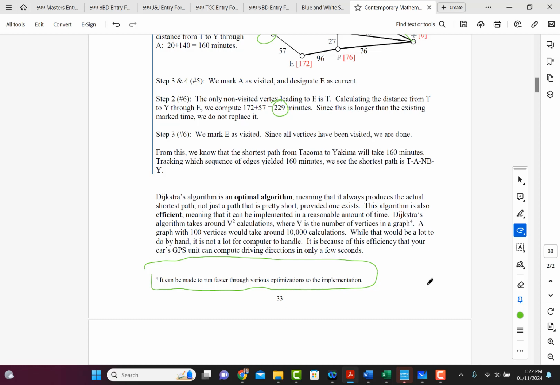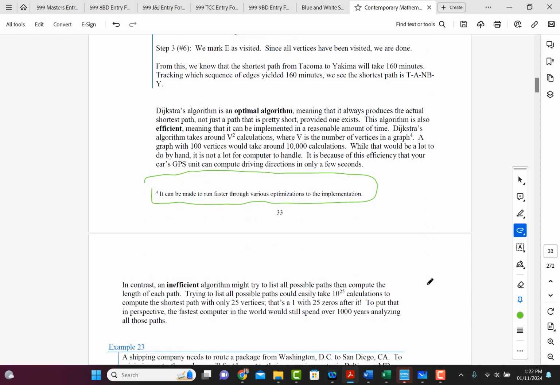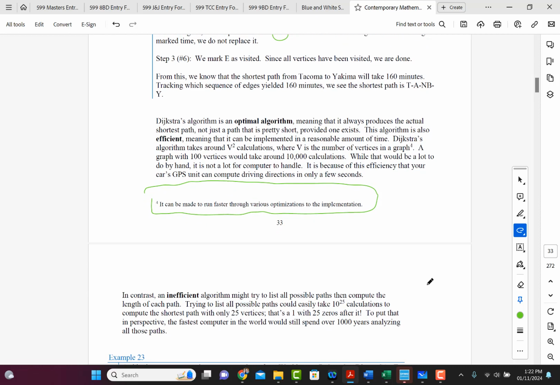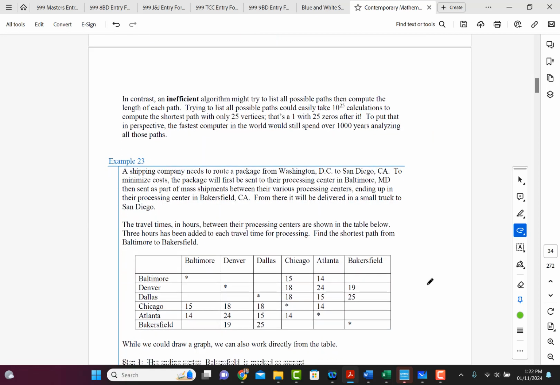While that would be a lot for us to handle by hand, computers can handle that with no problem. It is because of this efficiency that your car's GPS unit can compute driving directions in only a few seconds. There are other things about your GPS system that are fascinating too, from a physics point of view, but that's another discussion.